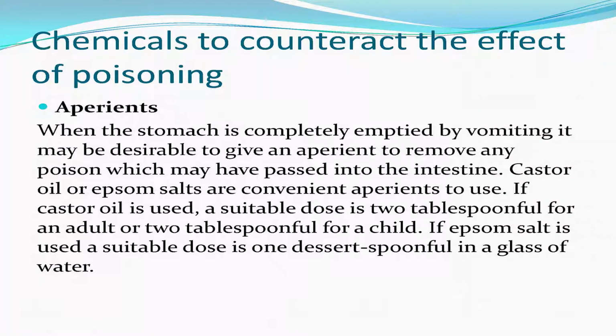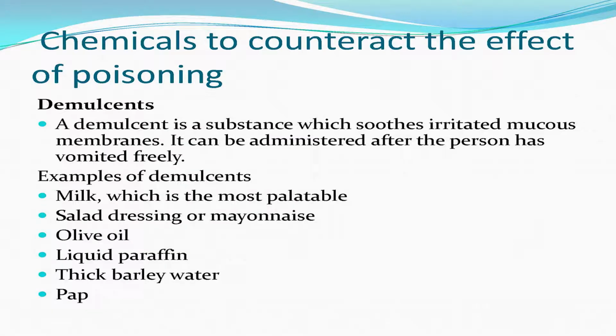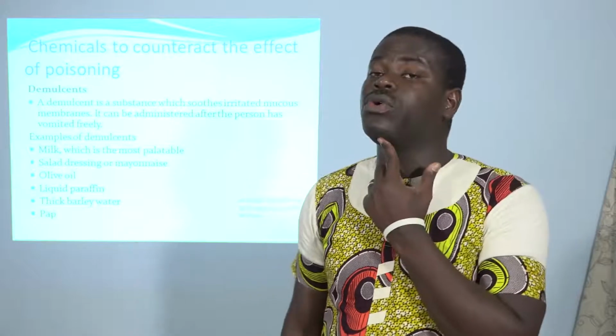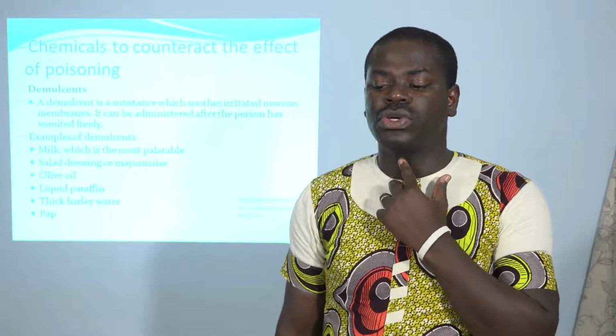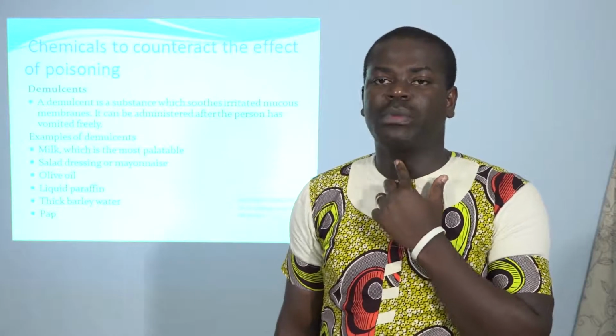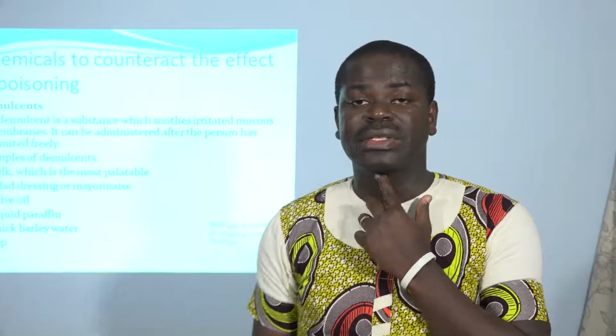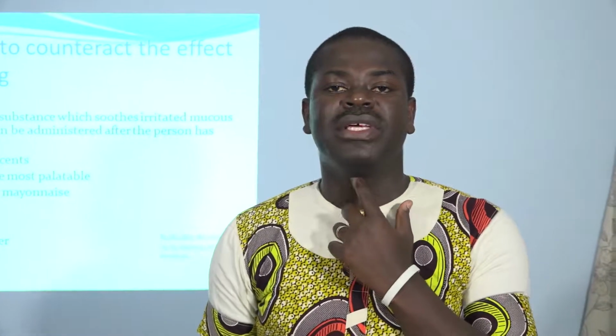We also have demulcents. Demulcents soothe irritated mucous membranes. A typical example is milk, olive oil, paraffin oil, and the likes. So when you take in a corrosive poison and it irritates your throat, the most appropriate chemical to counteract the effect on the irritated throat is a demulcent.